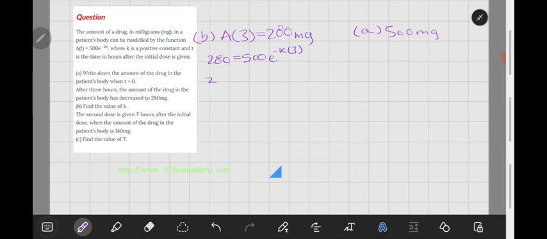And we want to solve for k. So we can continue to rearrange our equation and divide both sides by 500 so that we just have the e to the power of negative 3k.